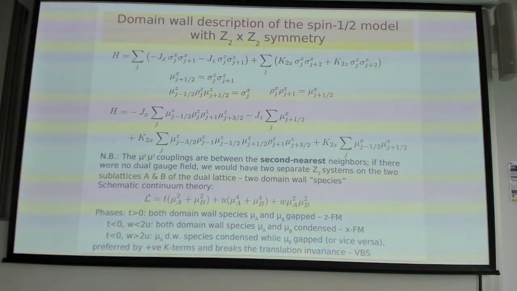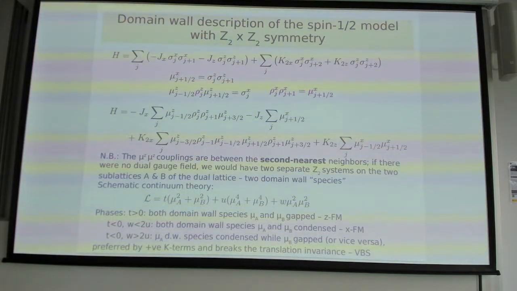Okay, and when you add the K2 terms, you see, for example, this second neighbor term becomes a coupling between transverse fields on sublattice 1 and sublattice 2. Actually any term you can add that is symmetric under the original symmetry will not change the fact that there are two independent Z2s, but will only introduce energy-energy couplings between these two Z2 fields.